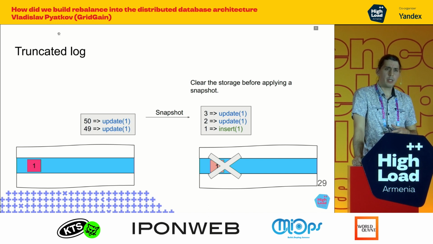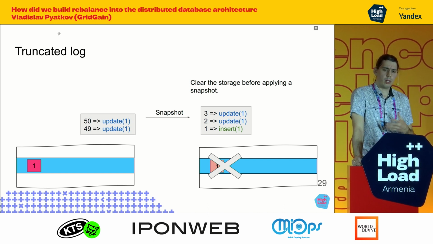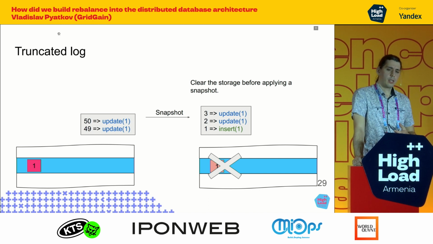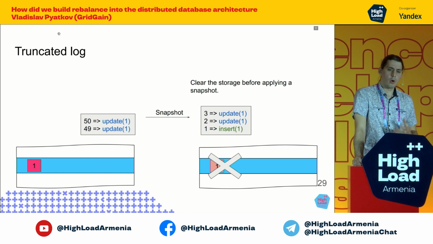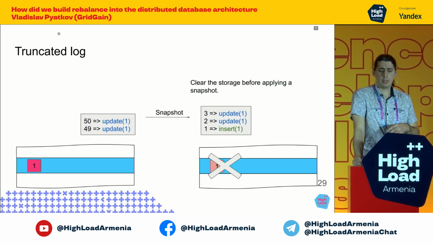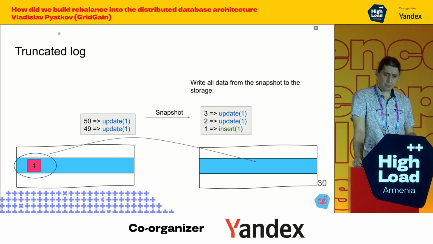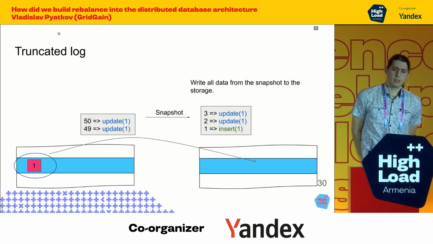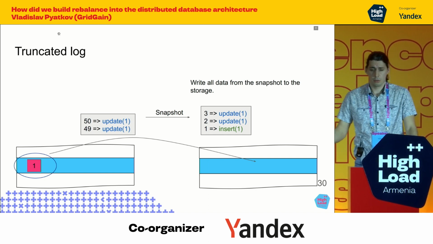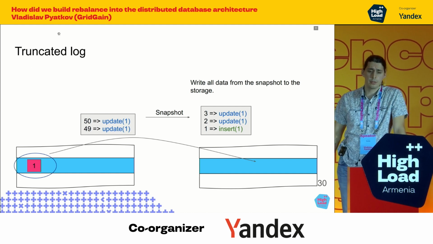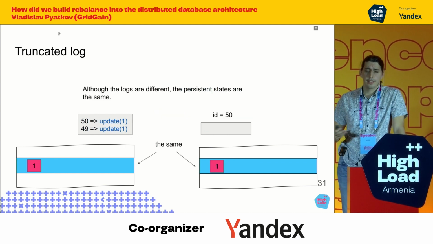And we should always think that when we use log replication, at some point the lagging node will require more log than we have. In this case, we send a snapshot, and before applying the snapshot, we should remove all data from the lagging node, and then just copy all data to the node that was lagging. And the result is the same.